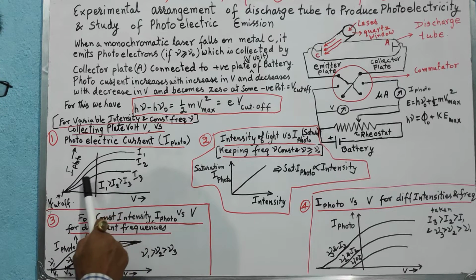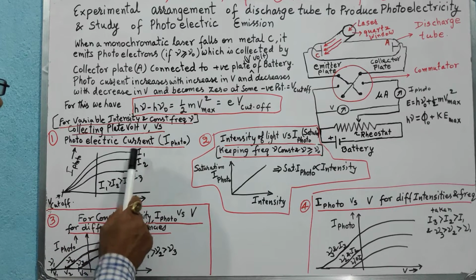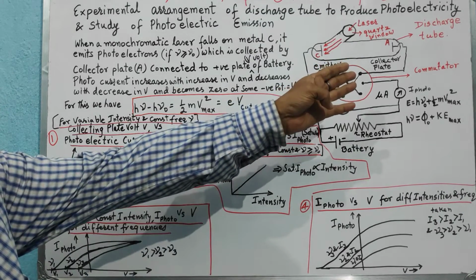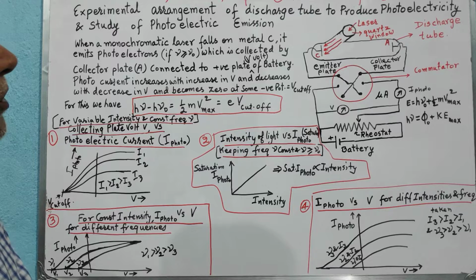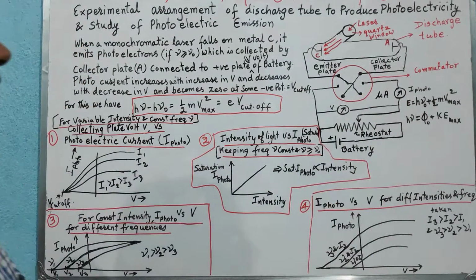We have different curves starting from the same cutoff voltage, but the saturation current is when the current passing through the collector plate becomes constant, or saturates. How does this happen?